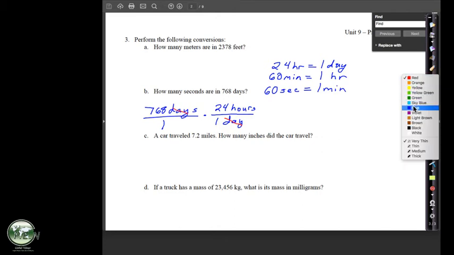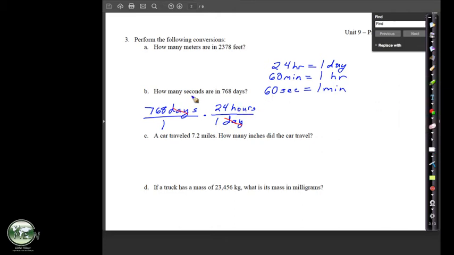But we don't want to stop at hours, we want seconds. So what's the fact that we know that has hours related to something else? 1 hour, 60 minutes. So what do we want in the bottom? Hours.